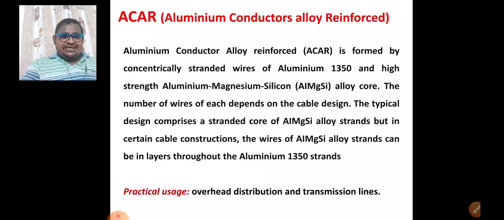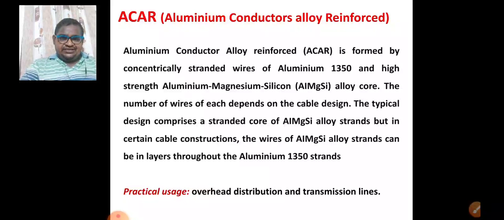The typical design comprises a stranded core of aluminum magnesium silicon alloy strands, but in certain cable constructions the aluminum magnesium silicon alloy strands can be in layers throughout the aluminum 1350 strands.